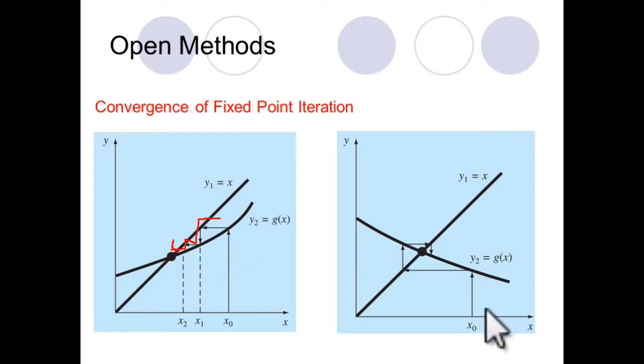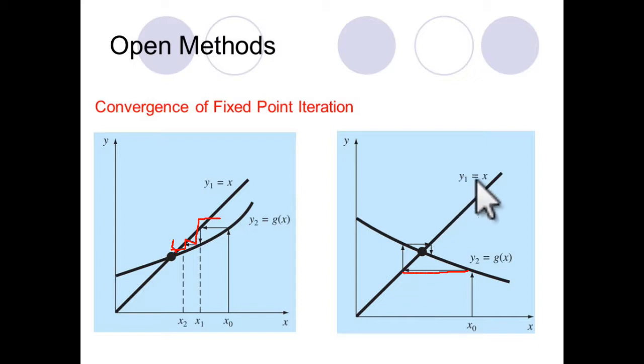So let's look at this function. Again, we begin from a point x0, and we find the y2 for the corresponding x0. Since y1 has to be equal to y2, we can easily find the new x value.